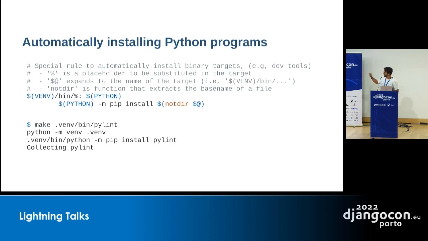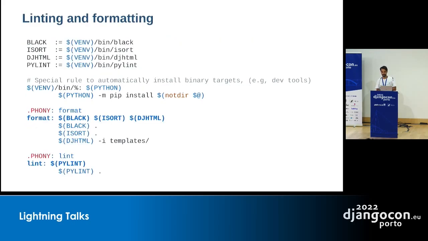What's happening in this example is that I can add placeholders to targets. With this rule, what I'm saying is that for every target whose file name is in the virtual environment /bin directory, I'm going to install that package. And this allows us to do some crazy stuff like automatically install dependencies just based on the name of that target.